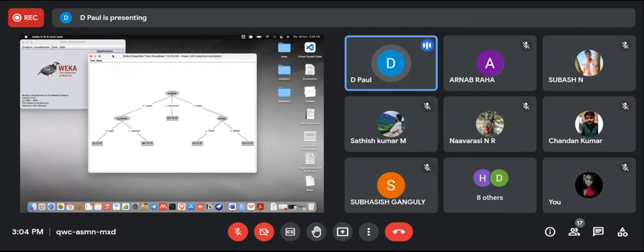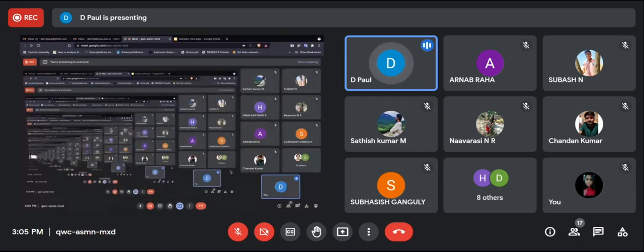You can also try out this decision tree in R. Do you guys have R or not? You have R classes? Yes, sir, you only taught.